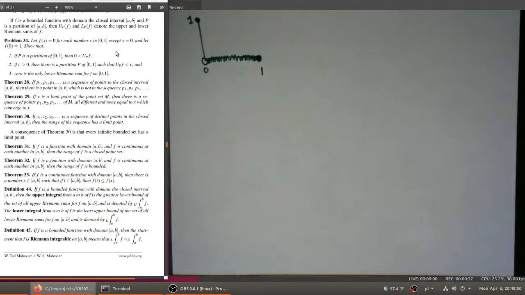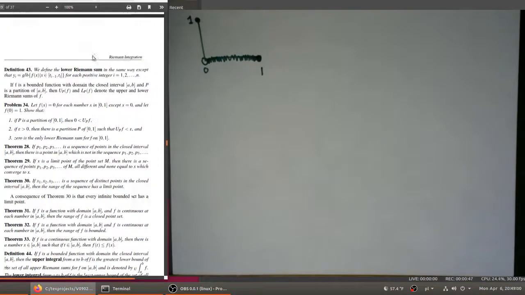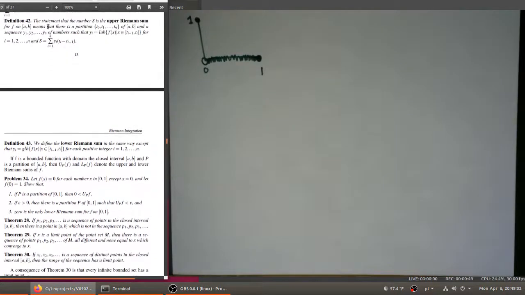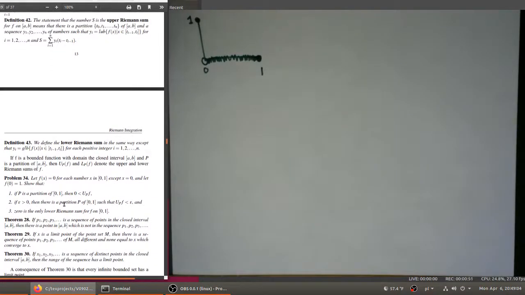So our job here is to show that if P is a partition of [0, 1], then 0 is less than U(P, f). Now U(P, f) is referring to the upper Riemann sum with respect to a partition, because that P is in there. So we have to create a partition, and then compute this upper Riemann sum using this definition.